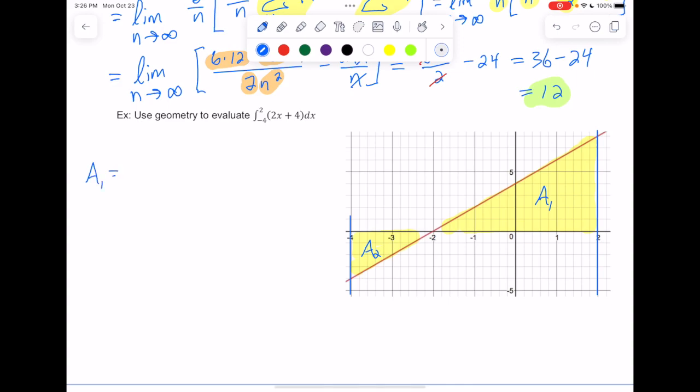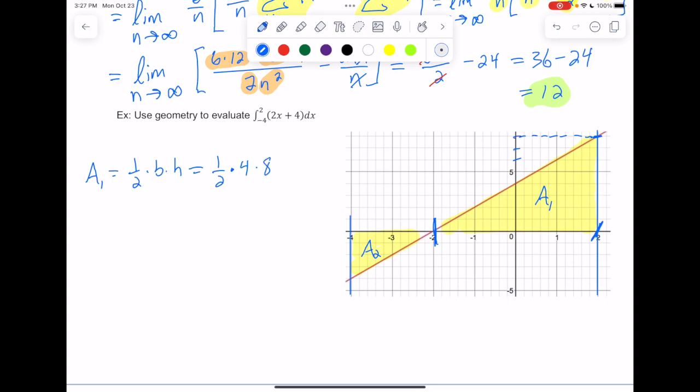So area 1, being a triangle, it's going to be 1/2 times the base times the height. So that's 1/2 times whatever the base of A1 is. A1 goes from -2 to 2. So how wide is that? That's 4 units wide. And how tall is it? Here's the height of it. And if we take that height over to the y-axis, we see that's 5, 6, 7, 8 units high.